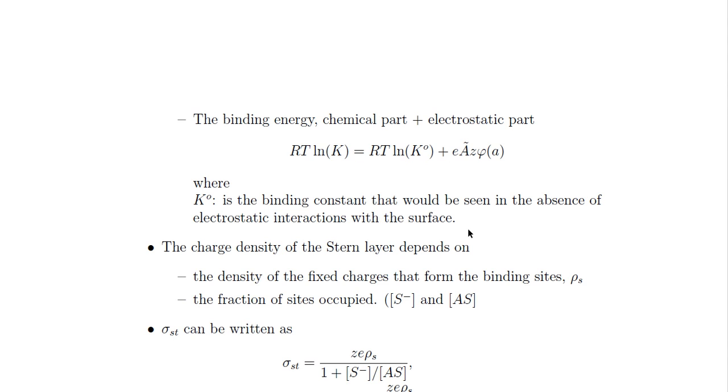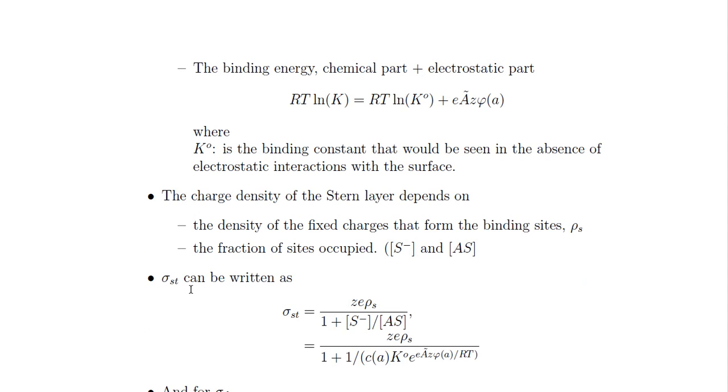Okay, so the charge density of the Stern layer depends on the density of the fixed charge that forms the binding sites, rho S, and the fraction of sites occupied. Okay, so, for example, if we have 10 binding sites, and 6 sites are already bound, there are 4 sites not yet bound by the ion.